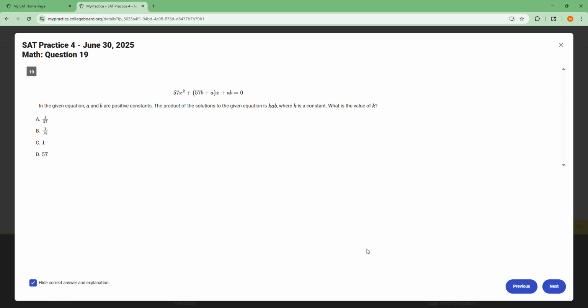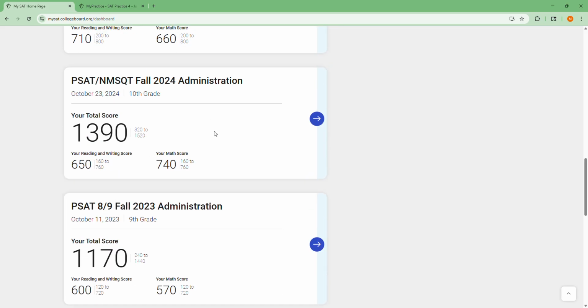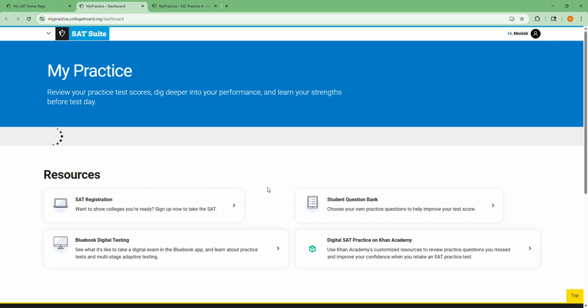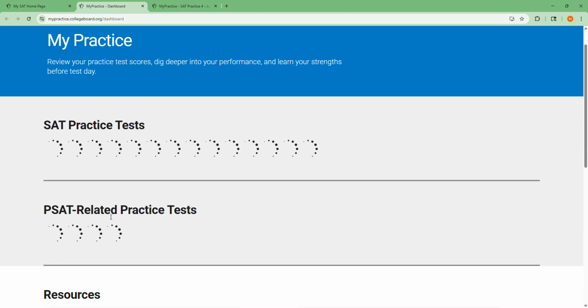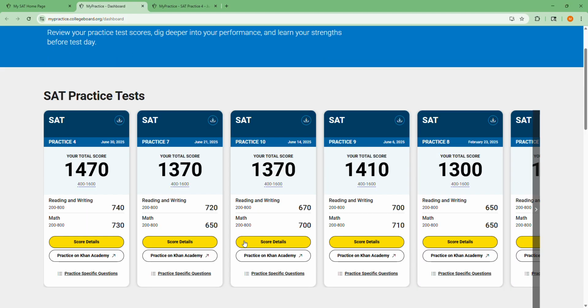So if we wanted to factor this one via grouping, what we would do would be 57x squared plus 57bx plus ax plus ab. We would factor by grouping and factor everything that we can out of these pairs.